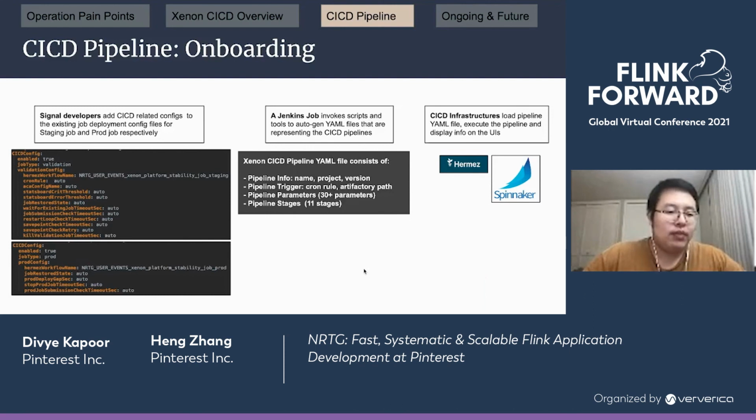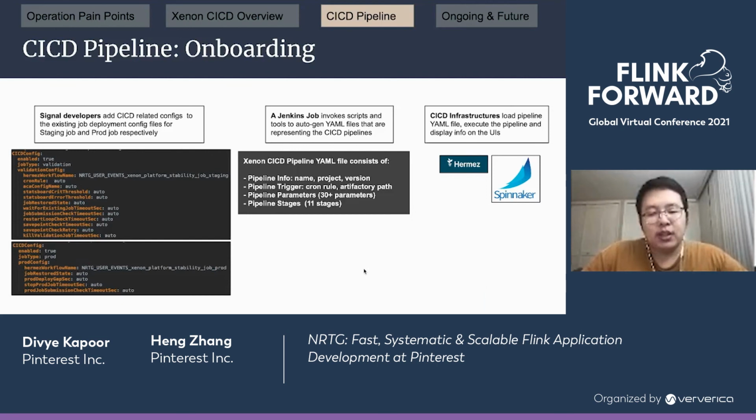We have some good default values for these parameters, and we have a Jenkins job that invokes scripts and tools we built to auto-generate YAML files that represent the CI/CD pipeline. A CI/CD pipeline YAML file consists of pipeline info, pipeline trigger, over 30 parameters, and 11 pipeline stages.